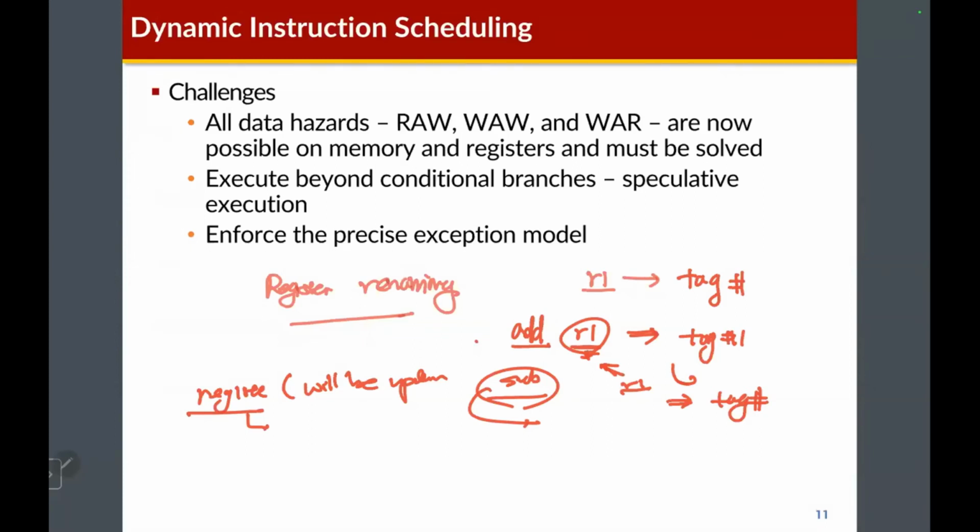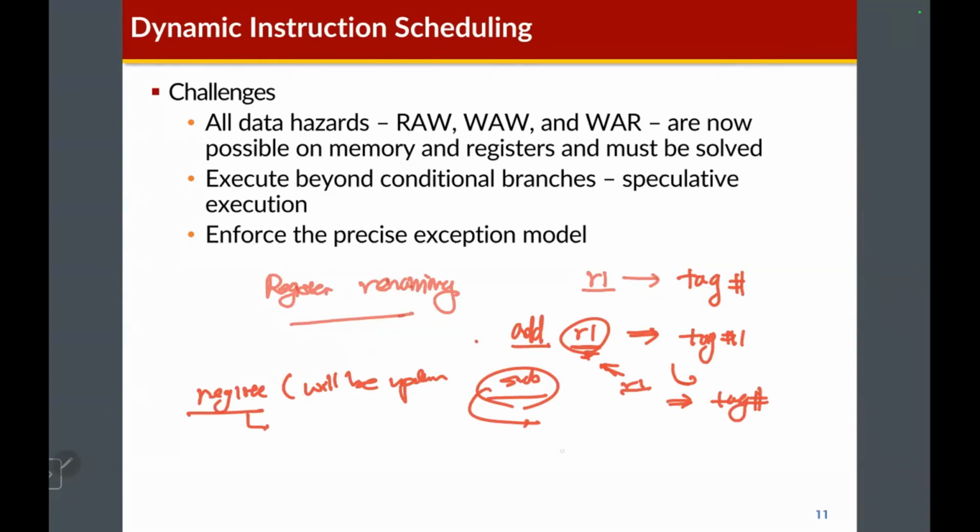And then the processor handles the data dependency with this tag number. That is the main idea of the Tomasulo algorithm. So you can solve the RAW hazard, right?